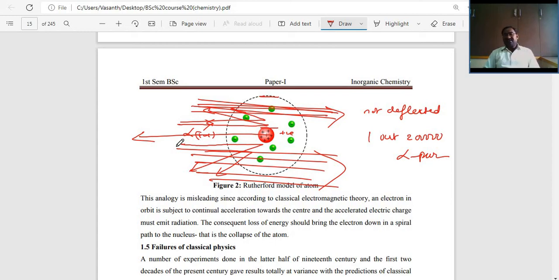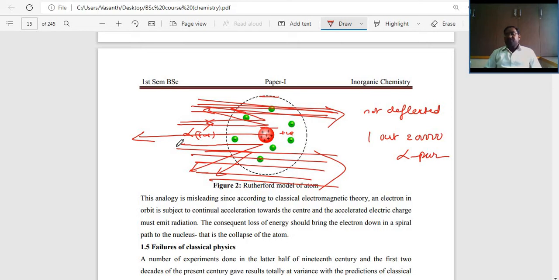By considering the experimental evidence of this gold foil experiment, or Rutherford model of an atom, the distance between the nucleus and electron is empty, meaning more space is there.